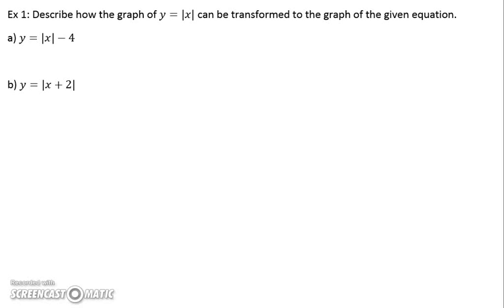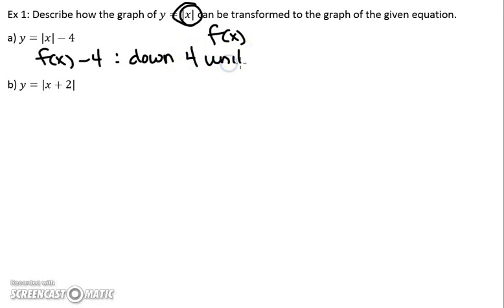So describe how the graph of y equals f of x can be transformed to the graph of the given equation. So if we look, this right here is kind of like our f of x. When we see this right here, we see an f of x and then minus 4. So we know that this is going to go down 4 units. And then again, we see here, and we're thinking f of x is absolute value of x, so this would be f of x plus 2.